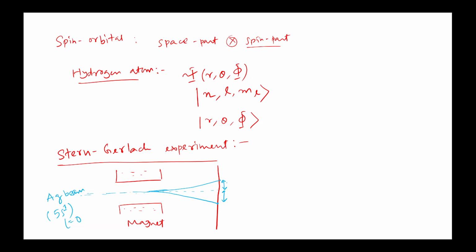So this was the initial experiment that was done, and then later people suggested that there is one intrinsic degree of freedom, which they called spin, for any microscopic particle. You should not be confused that it's like the electron is spinning or something like that. It is actually one extra degree of freedom beyond r, theta, phi or n, l, ml.